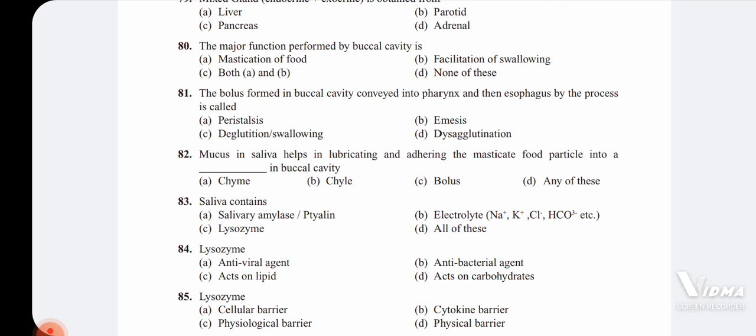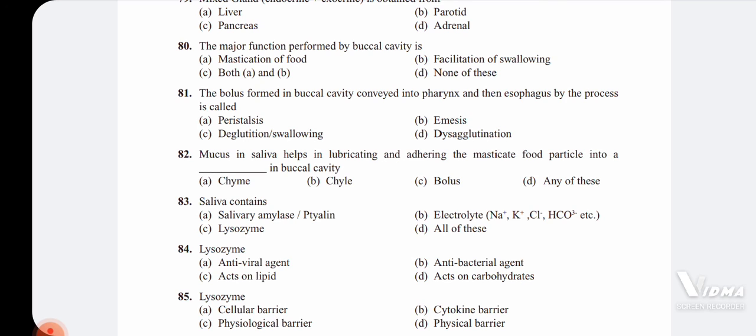82nd question. Mucus in saliva helps in lubricating and adhering the masticated food particles into a dash in buccal cavity. So here the mucus which is present in the saliva helps in lubrication.